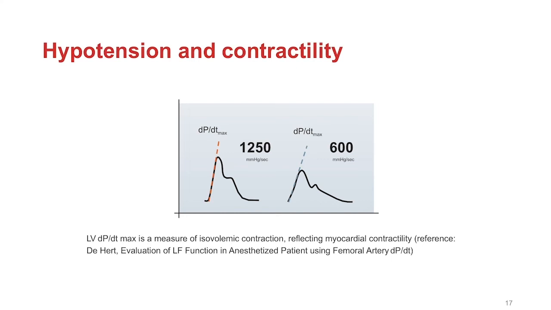A true dPdt requires cardiac catheterization, or echocardiographic measurements. However, estimation of contractility using this parameter, derived from our radial waveform, can help guide our treatment of hypotension, particularly when the trend in dPdt over time is considered.